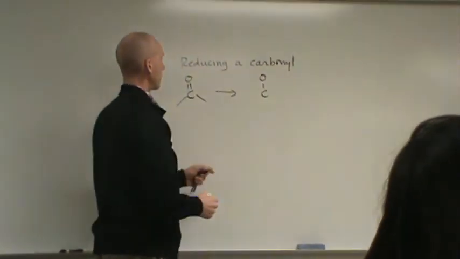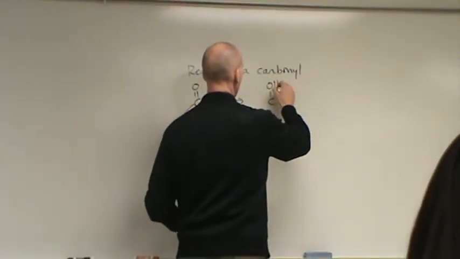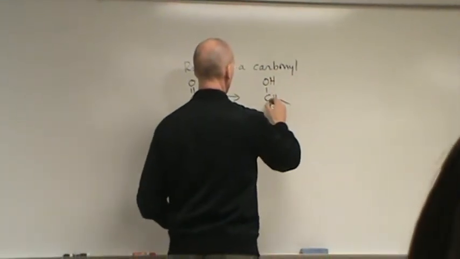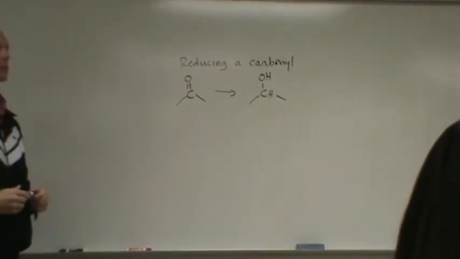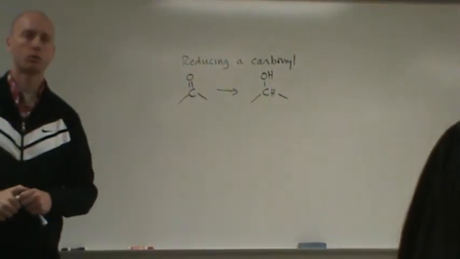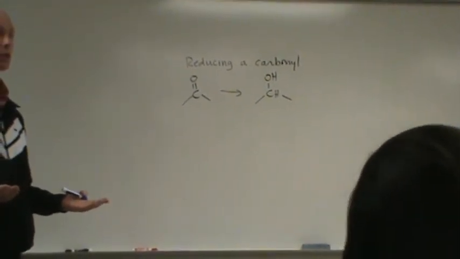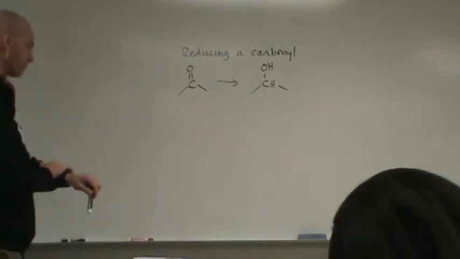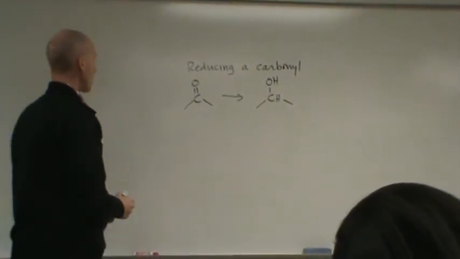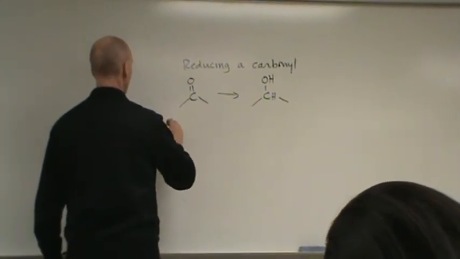But I need something on the oxygen now. So we're going to reduce the carbonyl to an alcohol, and we're going to look at some reagents to be able to do that. So let's look at the first reagent.